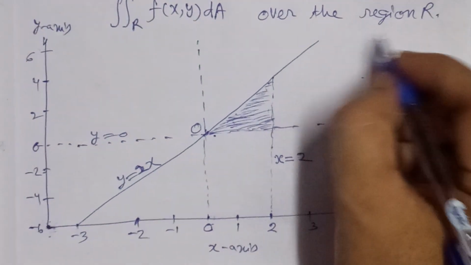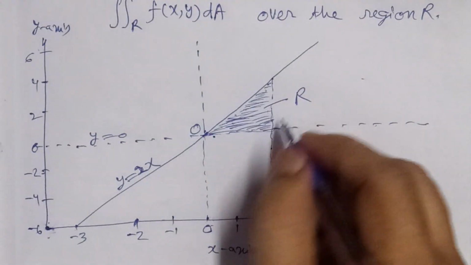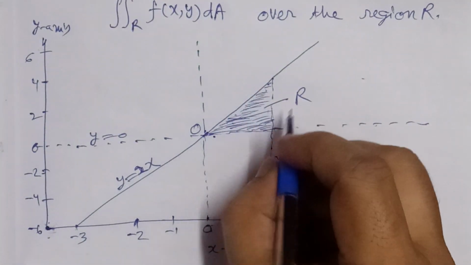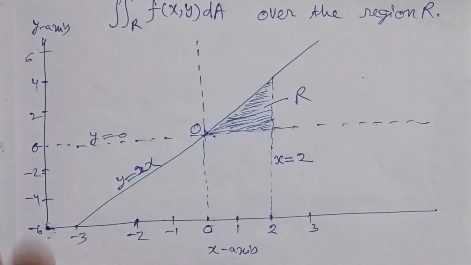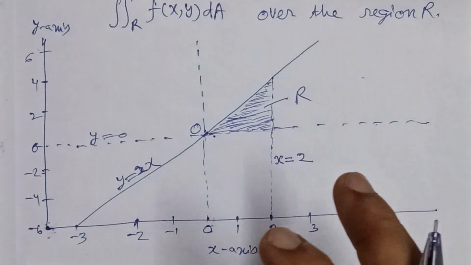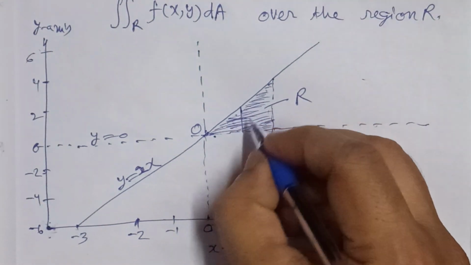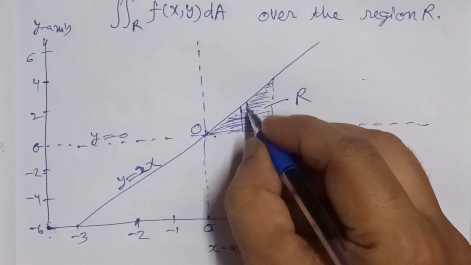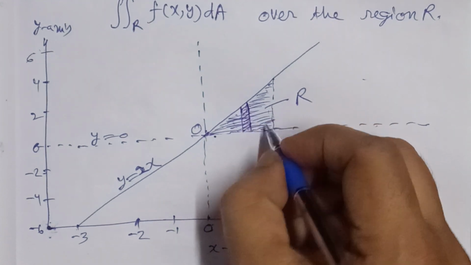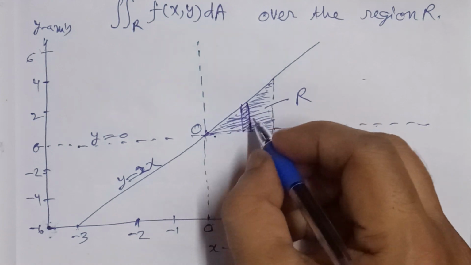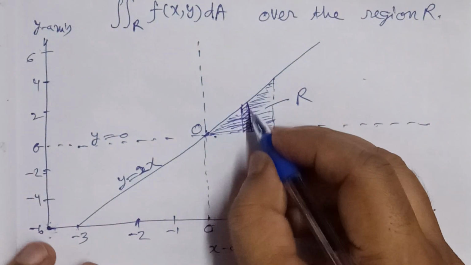This region is denoted by R here, so I write R. We have two methods to cover this region. We can draw parallel strips. I show only one strip, because otherwise the figure will be destroyed.